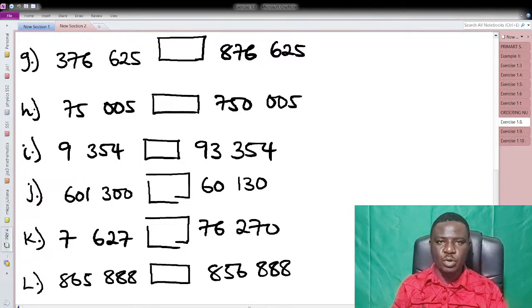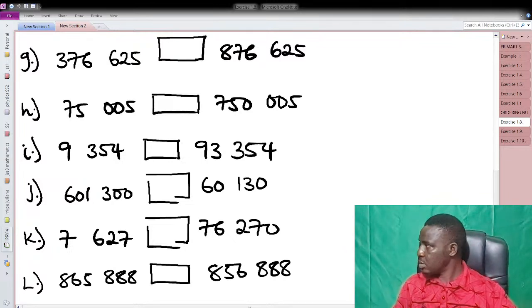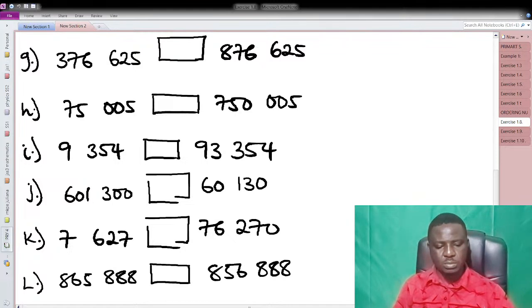That will also enable you to learn and master the symbols. You said H is less than. I said use the symbols. Yes, H is less than, correct, but use the symbols. I want to be seeing the symbols now, not the words. Symbols, not words. Go ahead with I.